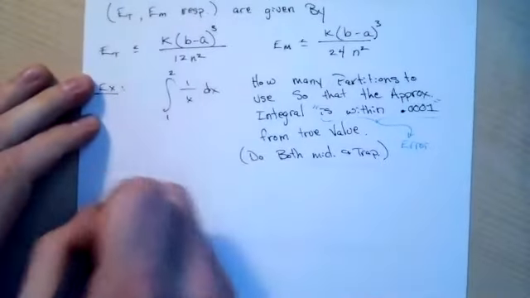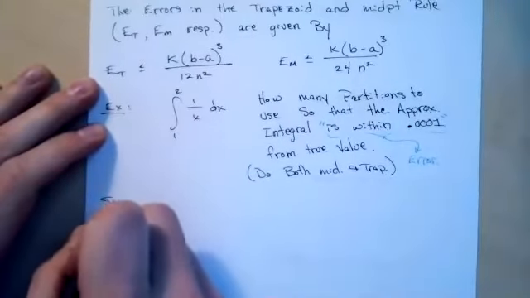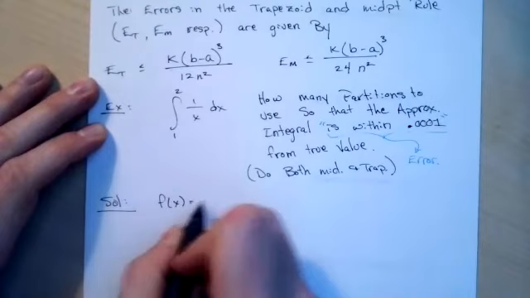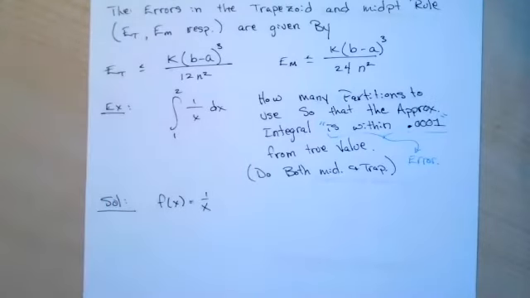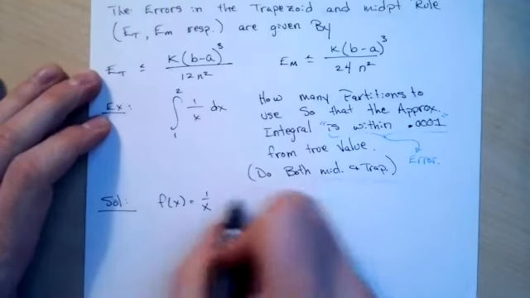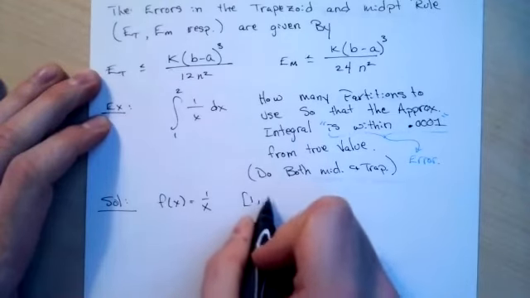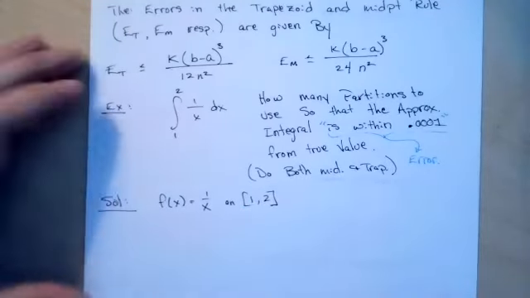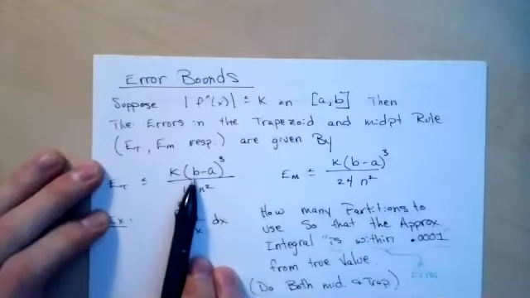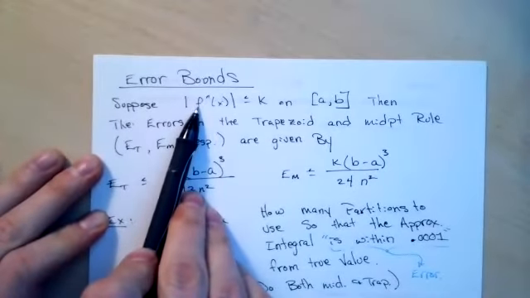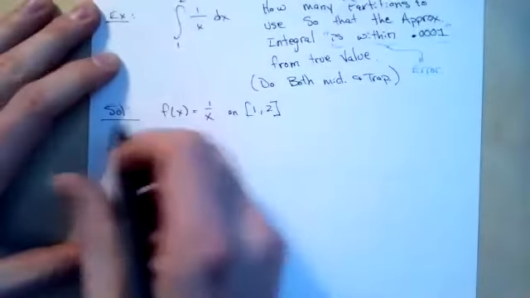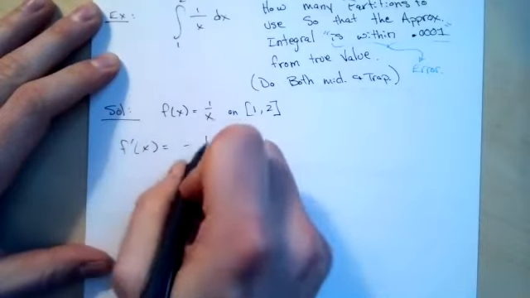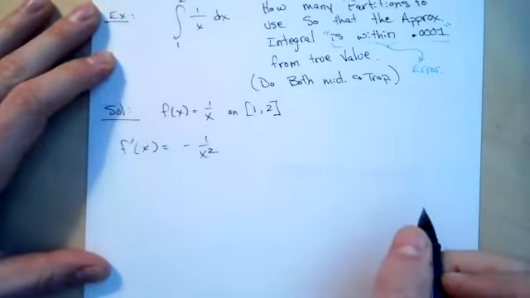So how we want to set this up, our function is the integrand. Right? We want to find the area under 1 over x on the interval from 1 to 2. And in the formula for error bounds, we need to bound the second derivative. So our first derivative is minus 1 over x squared.